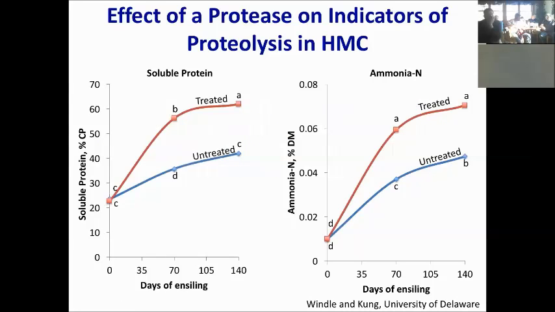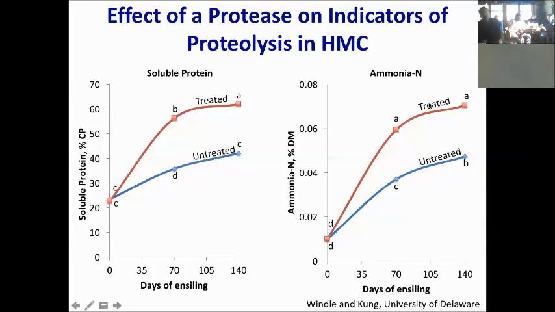So we have worked with experimental proteases in high moisture corn and corn silage. And here's one example of soluble protein increasing over days in the silo for untreated silage, and the same silage treated with a protease, ammonia nitrogen, treated with the protease.